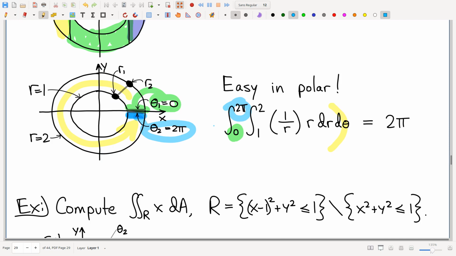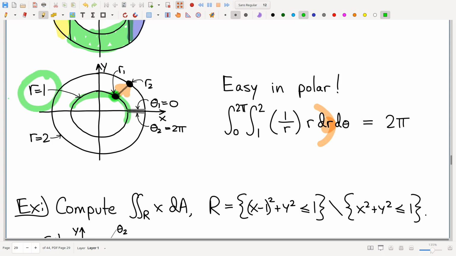So theta goes from 0 to 2 pi. And then for a given value of theta, we look at now at our r bounds. And r starts at that point, which is on that curve, which has that equation.